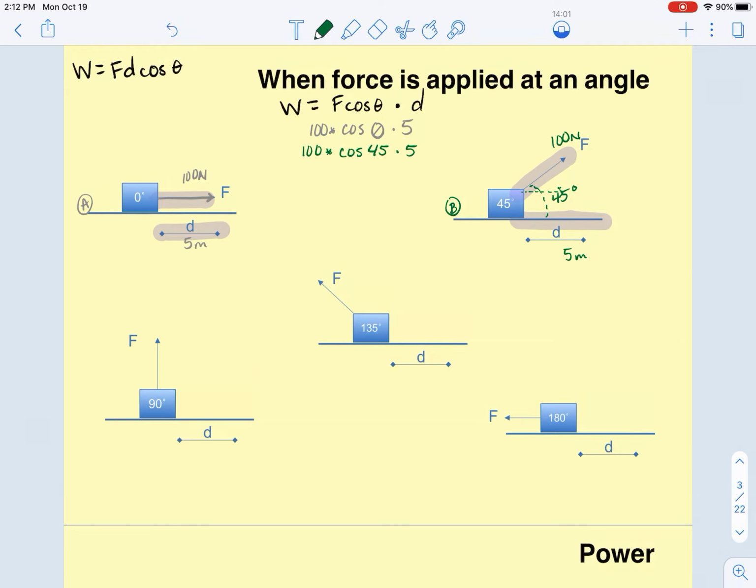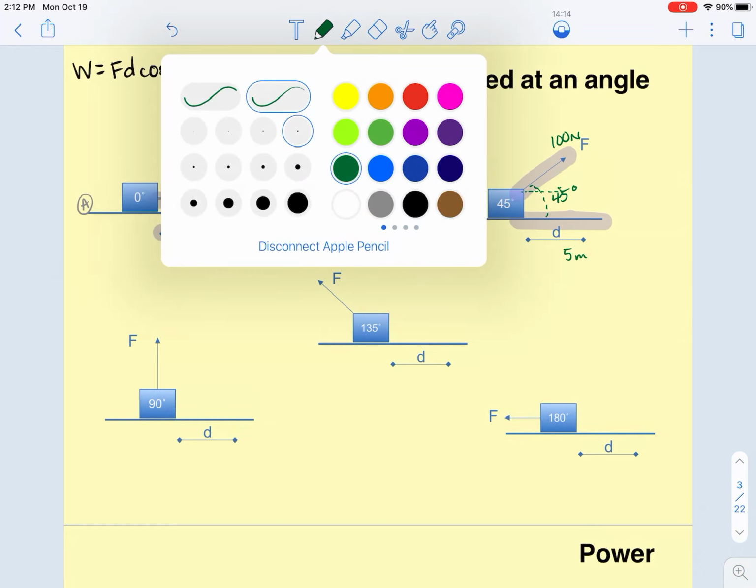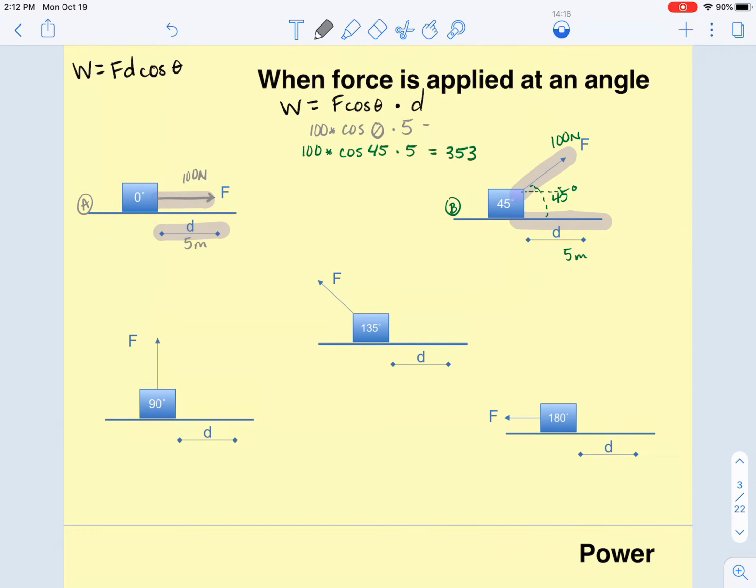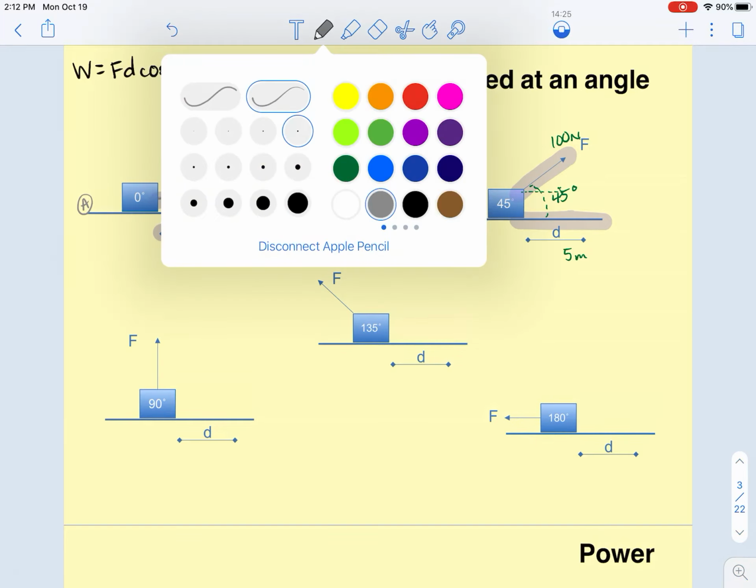The cosine of 45 is a positive value. When I plug these numbers into my calculator, I get a positive value. So it's positive work being done, specifically because the force applied is in the same direction, in this case to the right, as my object's displacement.